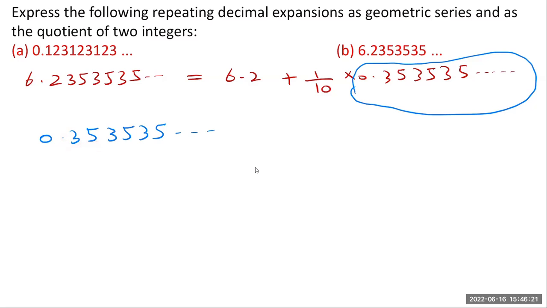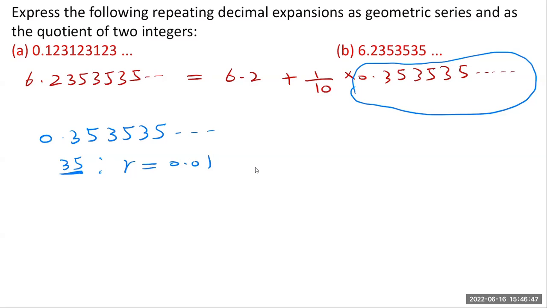Notice that the repeating unit in this case is 35. It has 2 digits. So your associated R is going to be 0.01. You should have 2 numbers after the decimal place, the last number should be 1, and before that, you should have zeros. So it is 0.01. Now we know our R.